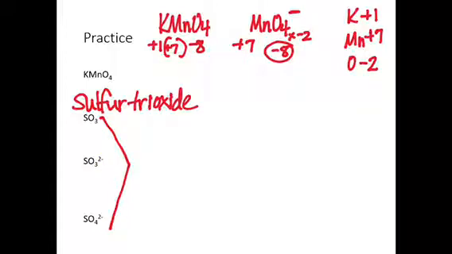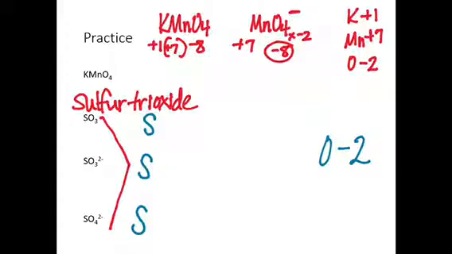So in all of these compounds, oxygen is going to be a -2 in all of them. We need to figure out what sulfur is in each one of these compounds, because oxygen is always a -2 unless it's a peroxide.